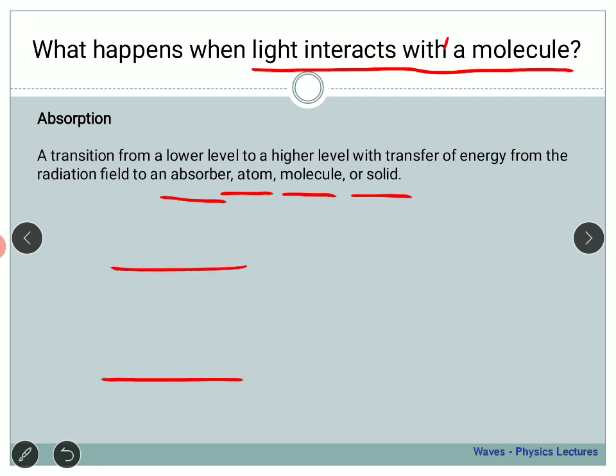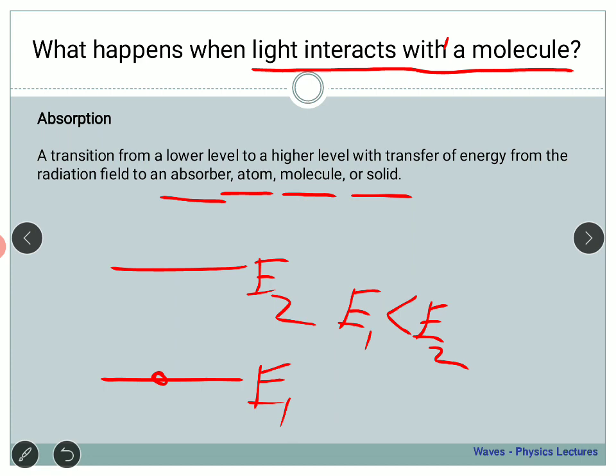So in case we have a lower energy level, let's say E1, and the upper energy level, let's say E2, and E1 is less than E2, okay, and we have, let's say, an atom here. It might be an atom, it might be an electron, it might be a molecule, and so on. So we don't need to think about this.